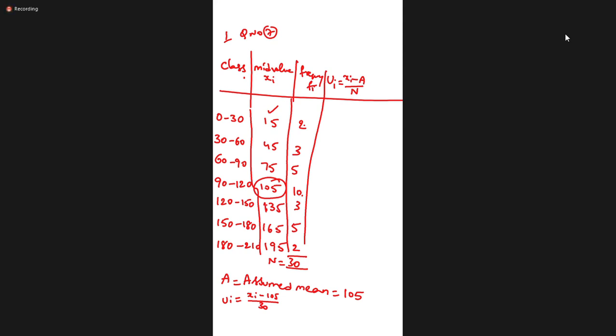So 15 minus 105 by 30, that is 90 by 30, minus 3. Like that, we find the values. You will get minus 3, minus 2, minus 1, 0, 1, 2, 3. Mostly it will be like this only.